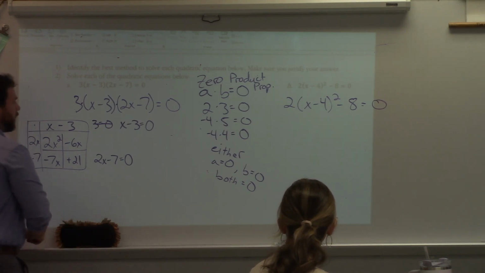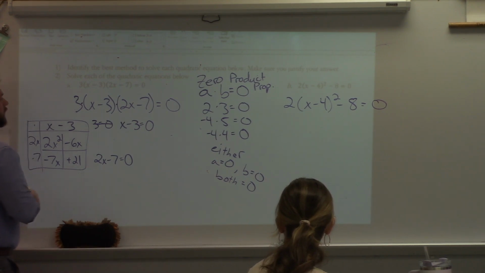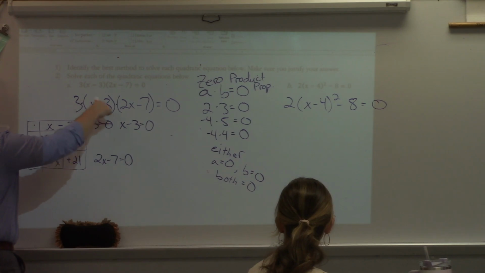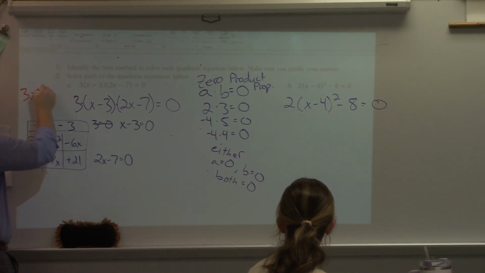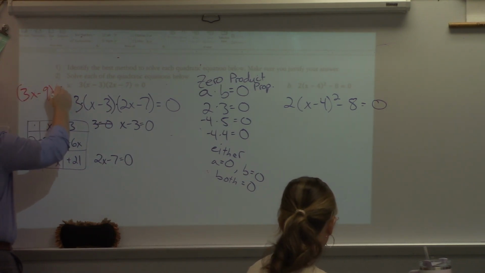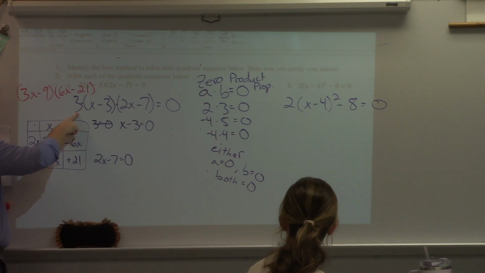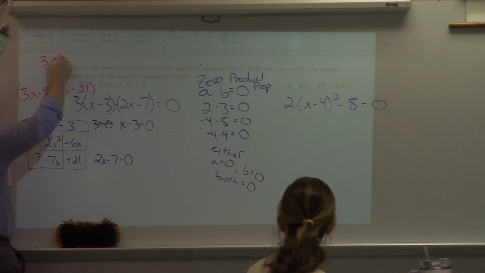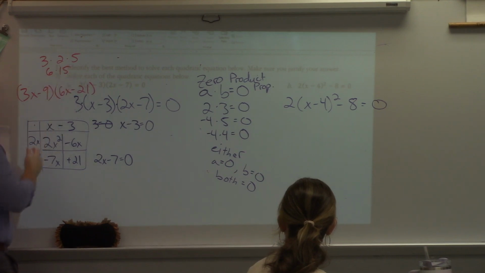I am going to talk about one thing I saw. One thing I'm going to caution you is, I saw quite a few people distribute that 3 in and get 3x minus 9 and 6x minus 21. However, how many 3's are here? Only one. If I took 3 times 2 times 5, am I going to rewrite that as 6 times 15? No, it's going to be 6 times 5 or 2 times 15.